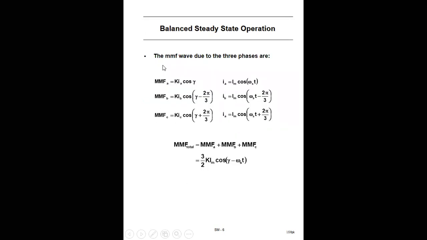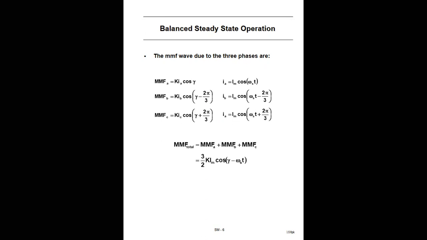If you talk about the mathematical expressions for the MMF waves for every phase, we have three phases: phase A, phase B, and phase C. For phase A, MMF is K IA cos gamma, and IA equals IM cos omega_s t. Then the MMF of phase B is K IB cos(gamma minus 2 pi by 3), and IB equals IM cos(omega_s t minus 2 pi by 3).